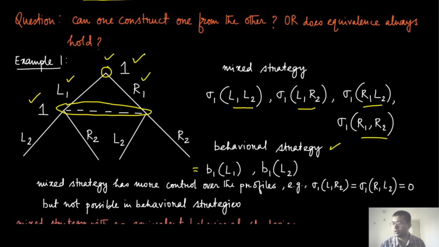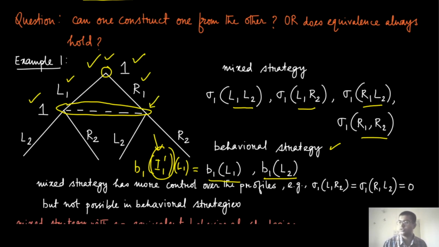In particular, this would be B1 of I11 of L1, but I am dropping the information set because I already know L1 and R1 are the actions available at this information set. So it is equivalently represented by B1 of L1. The other behavioral strategy at this information set is going to be B1 of L2. Of course, B1 of R2 will be just 1 minus that.